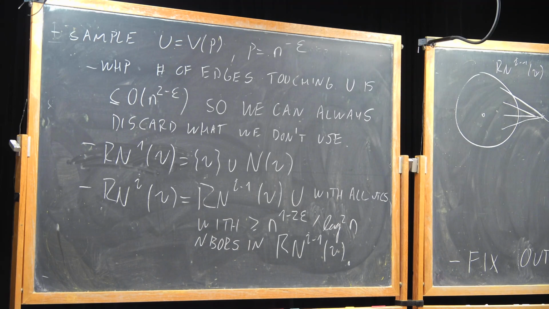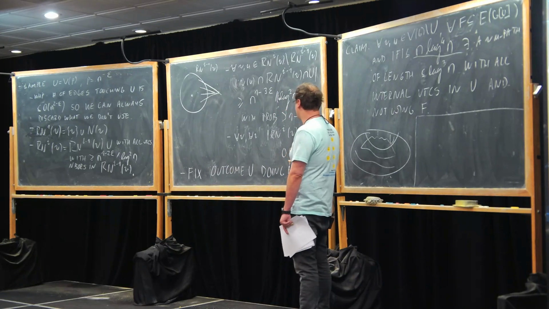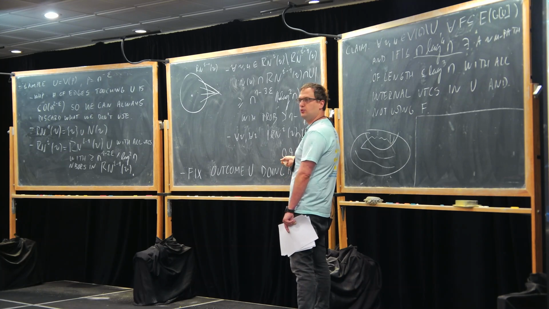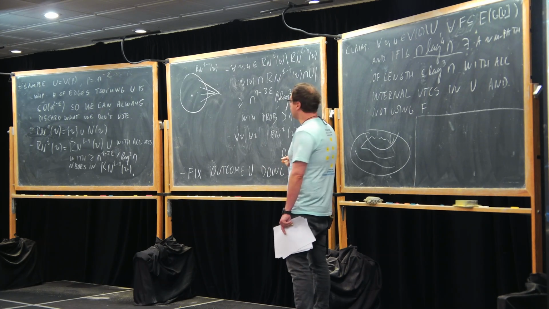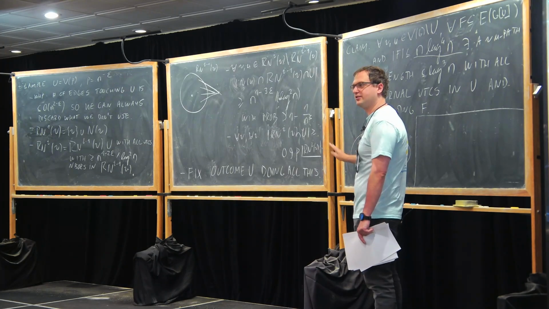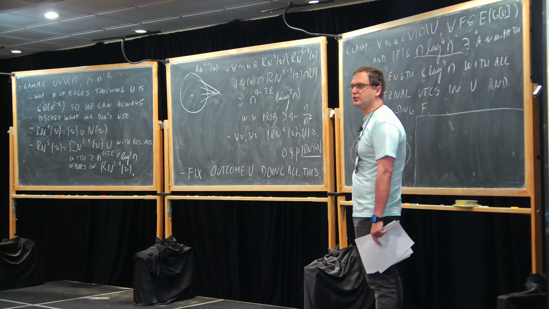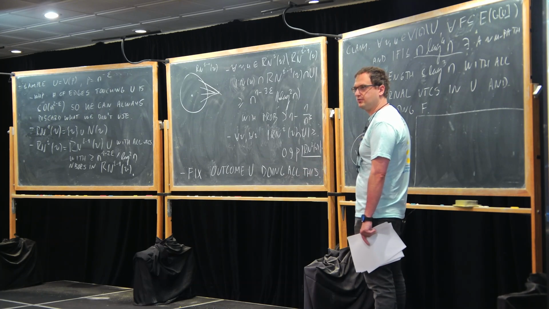One of these things becomes bigger than a half, and I'm guaranteed that a correct proportion of it with respect to U is occupied. So even within U, it will reach more than half, if you think about it for a second. This also uses the upper bound, the control on the size of U that you get from Chernoff.